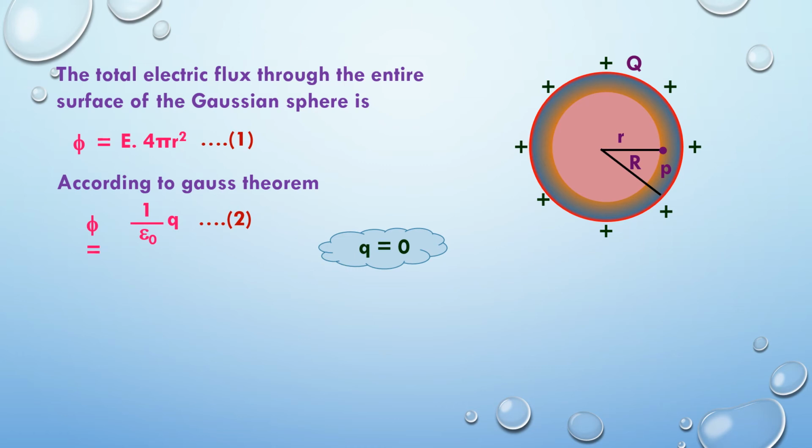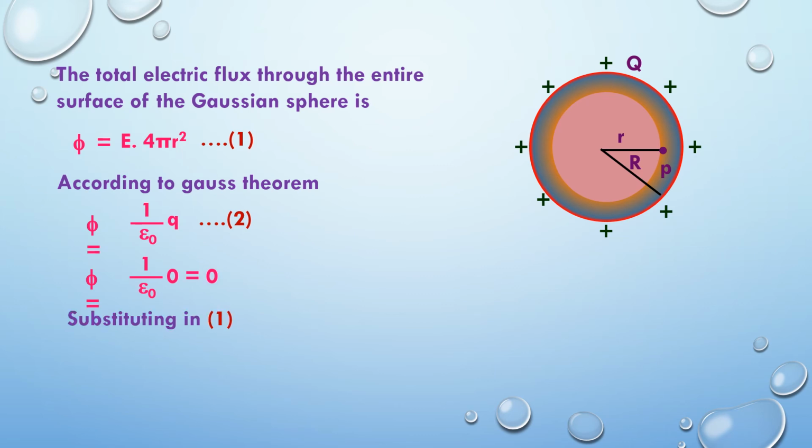As seen, the Gaussian surface does not enclose any charge inside it. Therefore, Q is equal to 0. Hence, flux is equal to 1 by epsilon naught into 0, or it is equal to 0.